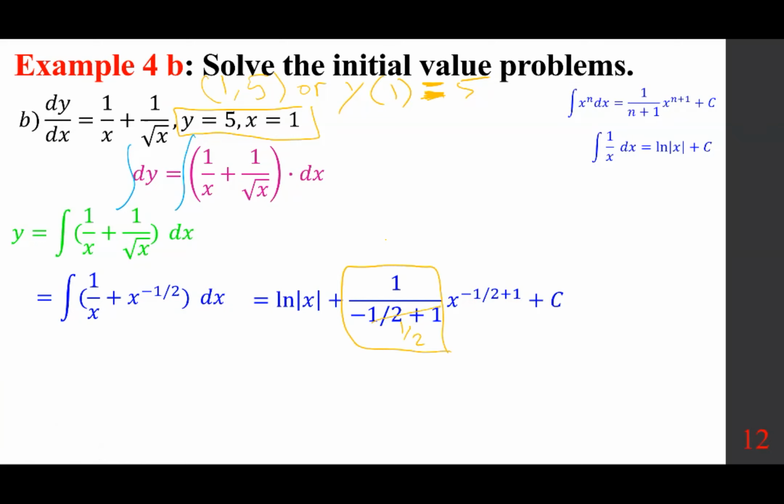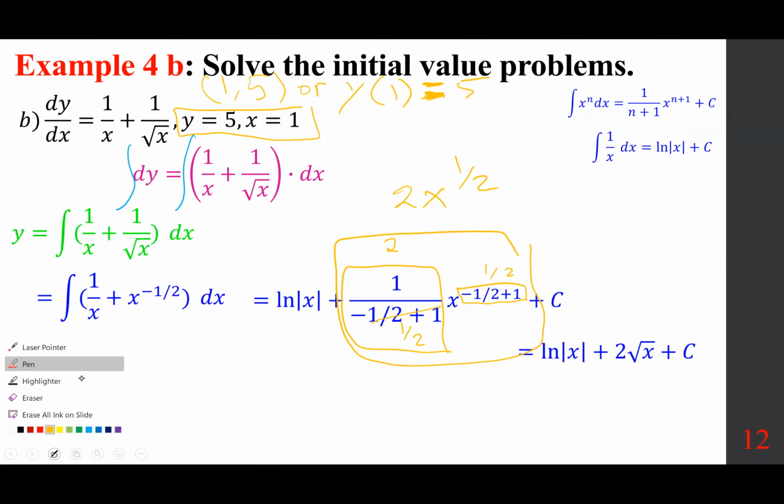And this becomes 1 over 1/2, which is 2. So we have 2 x to the power 1/2, or 2 square root of x. So the final answer is ln of absolute value of x plus 2 square root of x plus c if we ignore this.